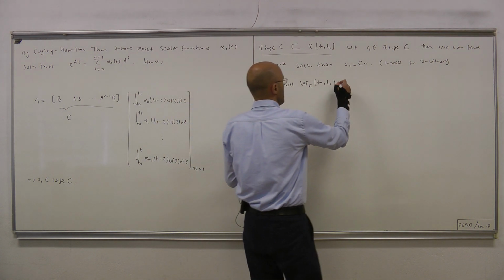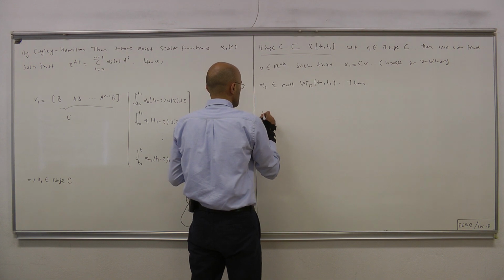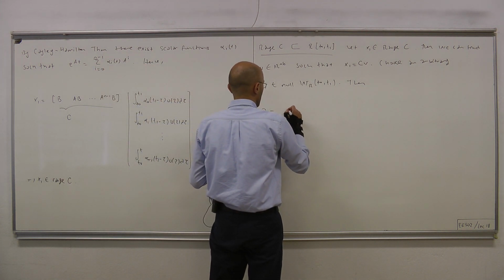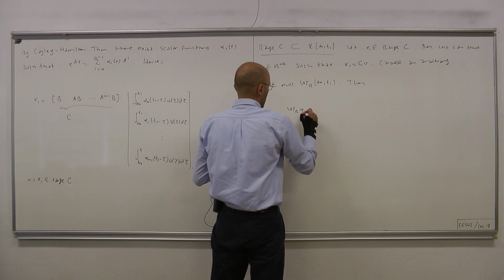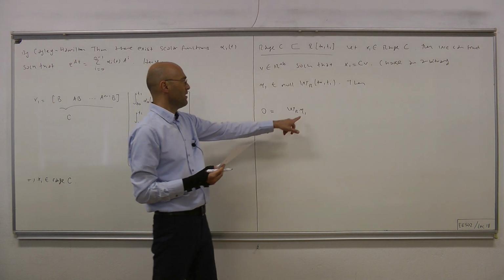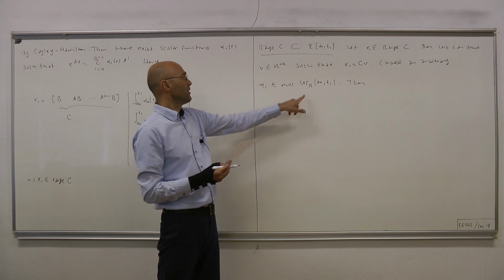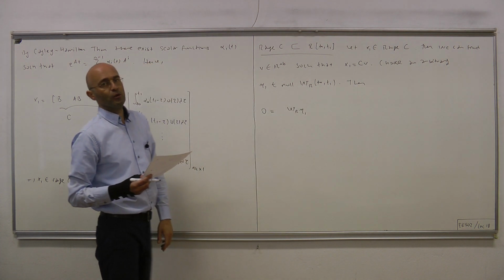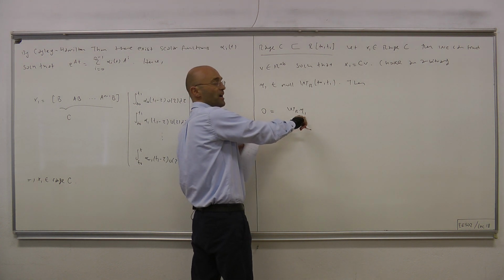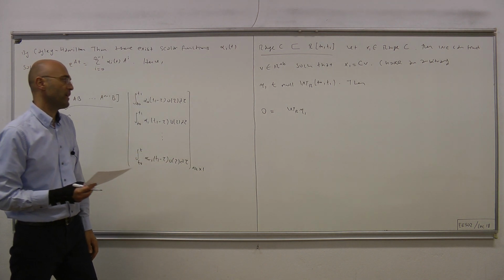Then we can proceed as follows. 0 equals the reachability Gramian W_R matrix times eta 1. So this means that eta 1 belongs to the null space of the matrix W_R. Now this is a vector of size n, and this is an n by n square matrix. Therefore, this 0 is the zero vector of size n.